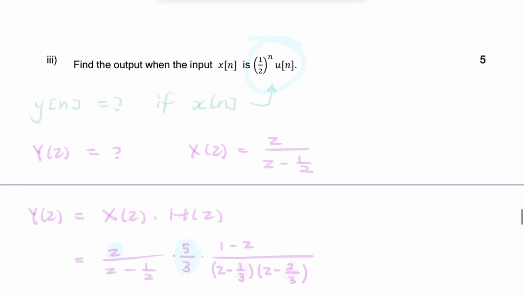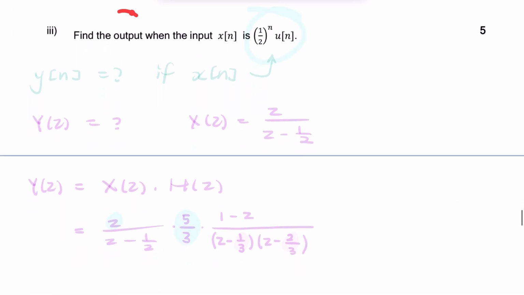Now the question then goes on to say, what would the output be if the input was some exponential function? So again, what they're saying is that find y of n if x of n is that.